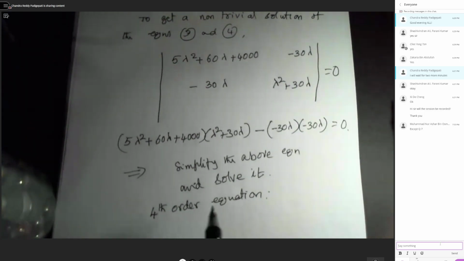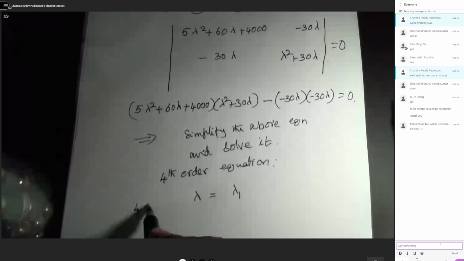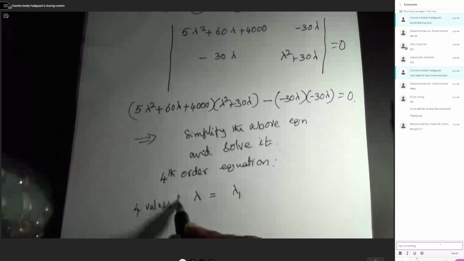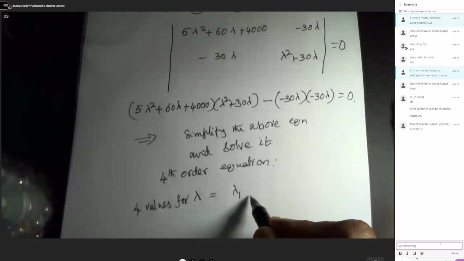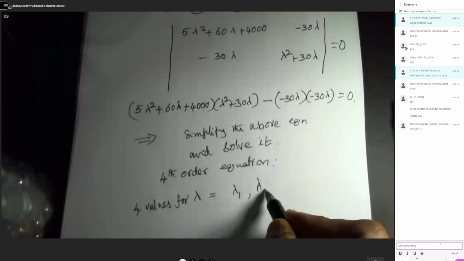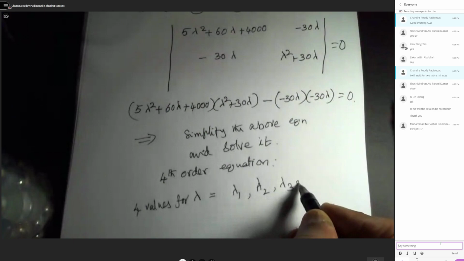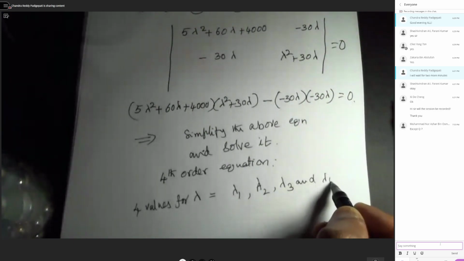Okay, so you will get four values for lambda. Okay, so lambda 1, lambda 2, lambda 3, and lambda 4.